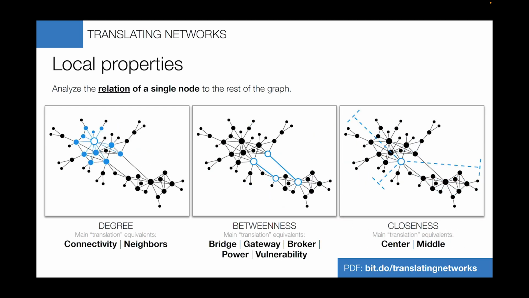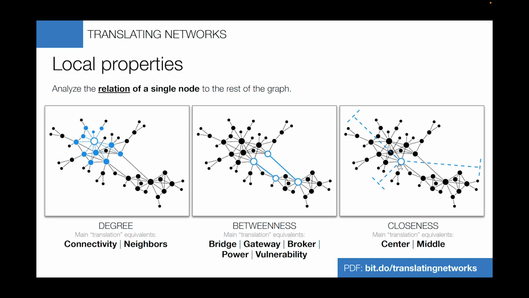I'm moving on. But you will also find local properties. For example, the degree, which means the number of neighbors of a node, we will interpret as connectivity, or having many neighbors, while the nodes that have a high betweenness centrality are often the bridges, but they have other meanings in sociology, for example, such as the concept of broker, and so on.